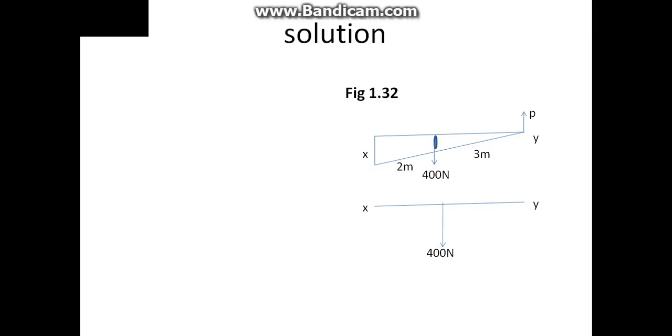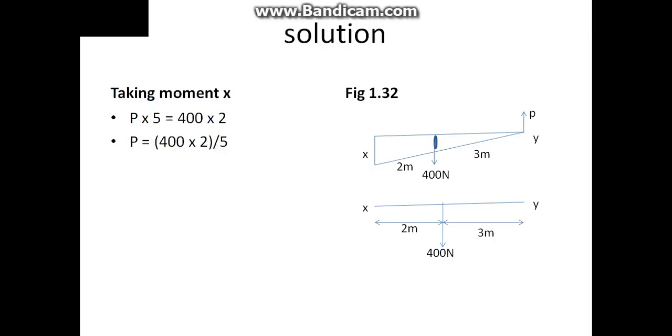Taking moment about X, clockwise moment is equal to anticlockwise moment. Since the P we are looking for is acting at a distance of 5 meters from X, as we are taking the moment, P times 5 will be equal to 400 Newton, the weight of the non-uniform rod, times 2, which is the distance of the center of gravity.